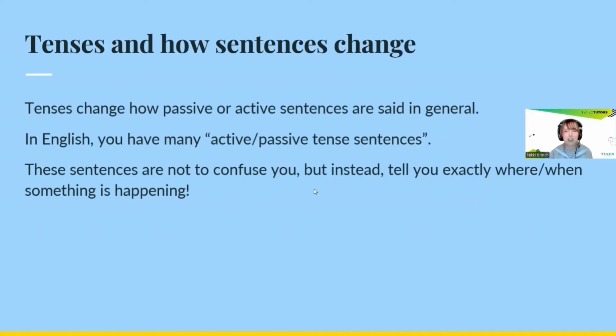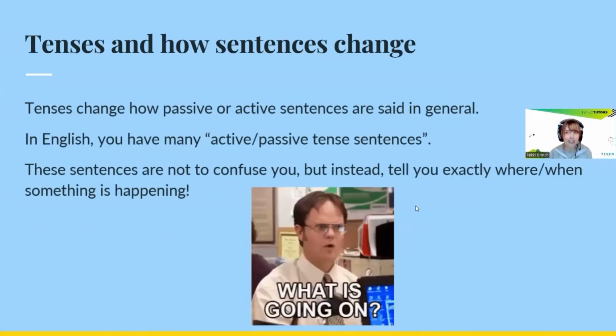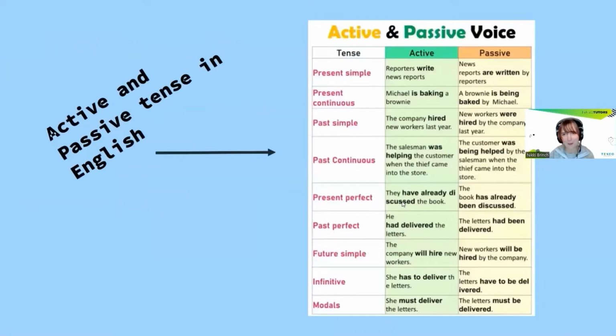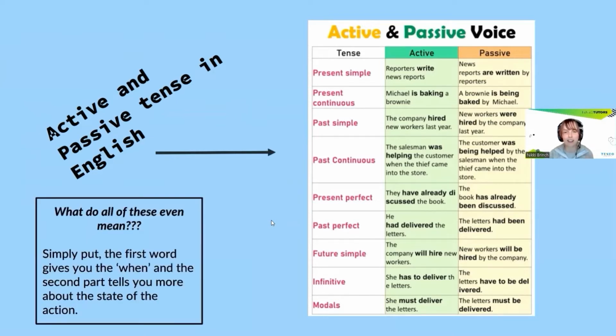They're trying to tell you when and where something's happening. There's a whole bunch of active and passive voice structures and tenses that you have to deal with, and this can be quite confusing. But that's just telling you when something has happened and what the state of the action is. That is something we can work on in an English lesson.